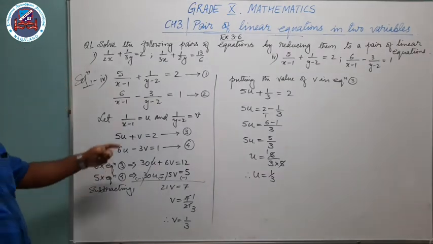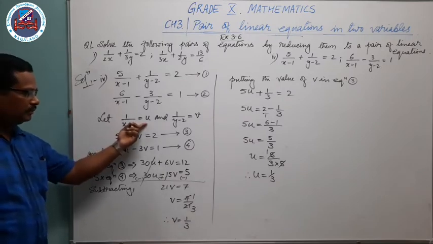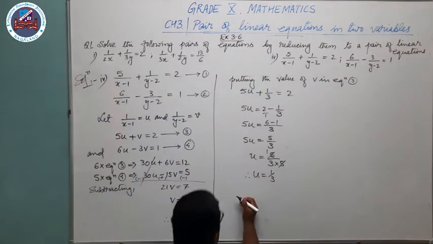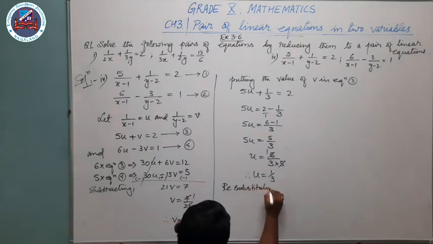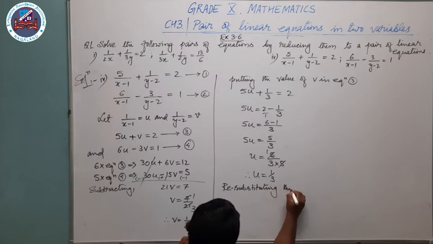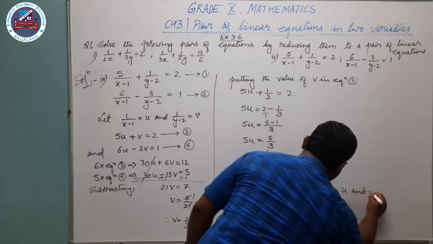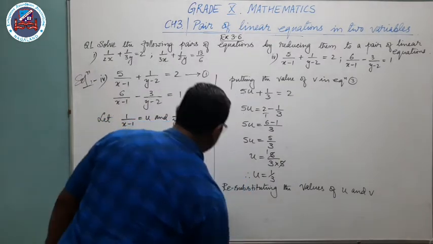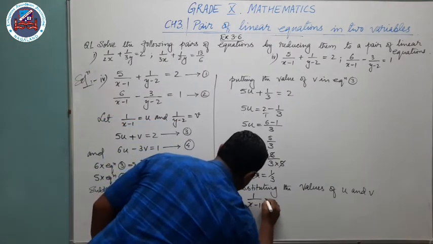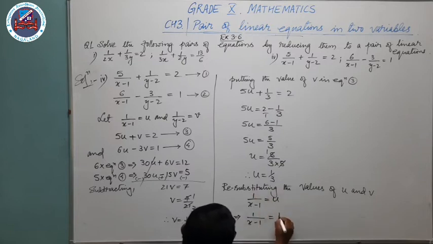Now we'll resubstitute it back to the form from where we have substituted earlier. Resubstituting the values of u and v. 1 by x minus 1 is equal to u. So 1 by x minus 1 is equal to 1 by 3.